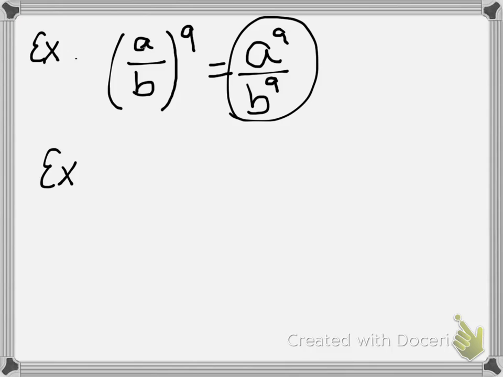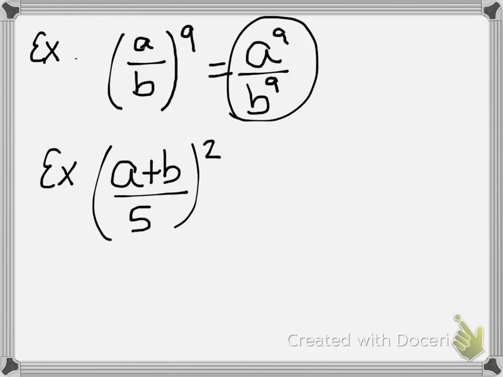The next one is A plus B over 5, all squared. So I'm going to separate those because, again, the parentheses go from the top to the bottom, from the numerator to the denominator, so that means they're all being squared.